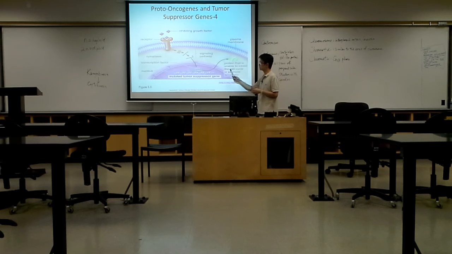And if this tumor suppressor gene is mutated, that means the protein that it makes is not effective to stop the cell division, then you also cause cancer. So either you activate the oncogene or your tumor suppressor gene is mutated, in either case, you will have cancer.